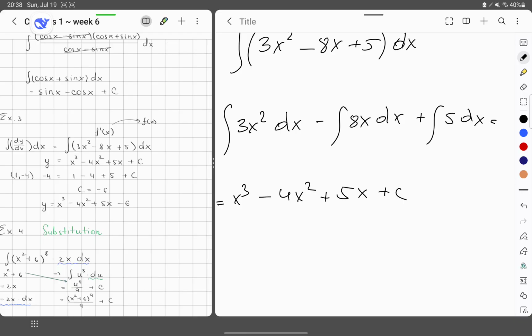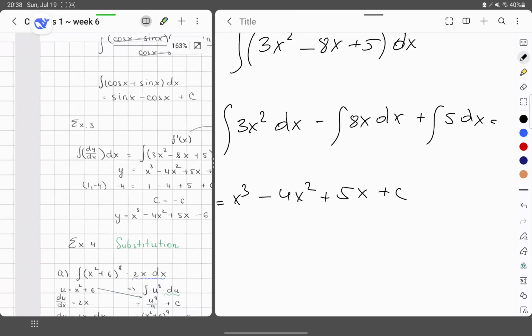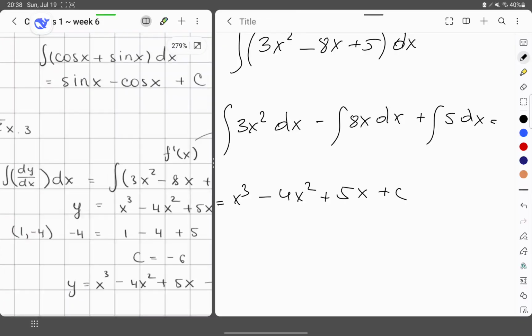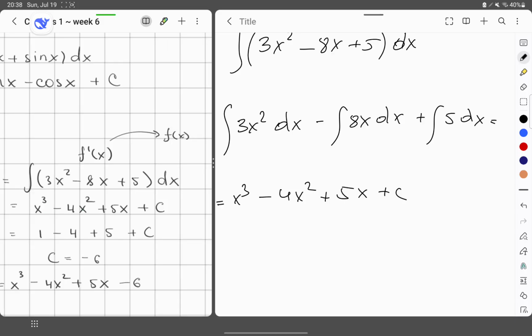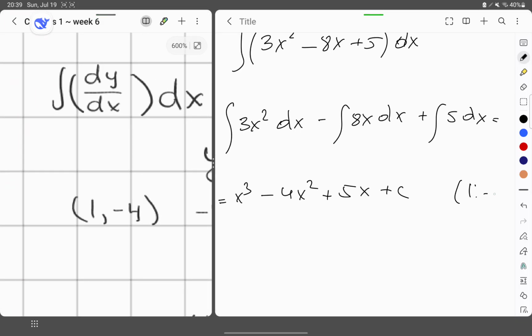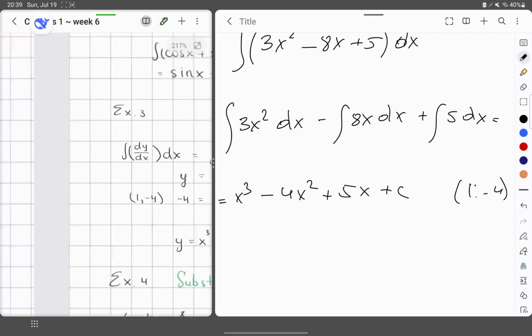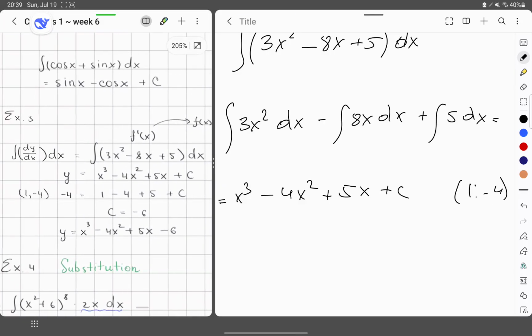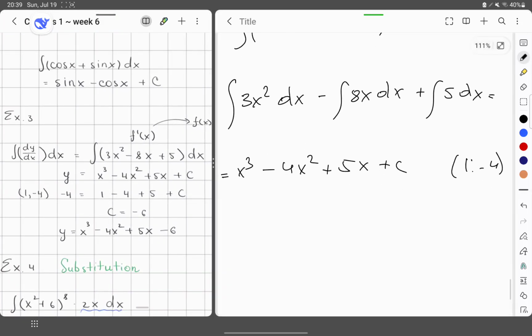So 5x. And we also have points here. Okay, I remember that was a task. Okay, x cubic minus 4x squared. So we had the points here, 1 and negative 4, to find c. So if we plug 1, that will be 1 minus 4 plus 5 plus c equals to negative 4.